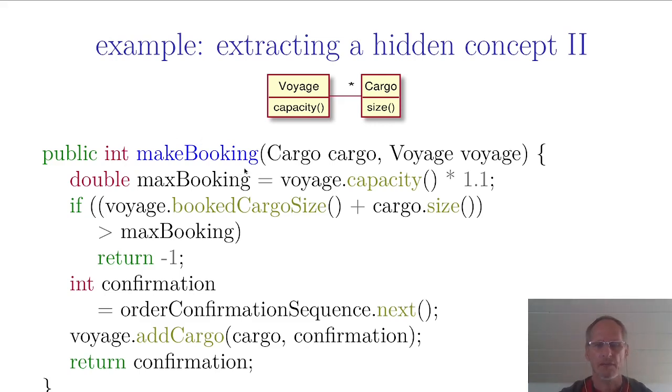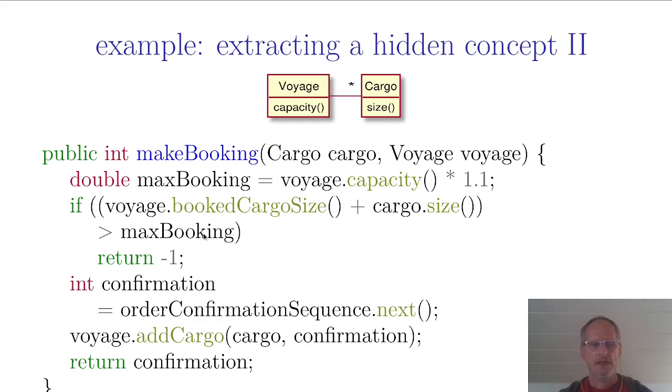So we have a function makeBooking here that takes a cargo and a voyage, and assume that on voyage we have a method capacity, and we assume that on cargo we have a size, and we determine the maximum that we want to allow for booking, taking capacity of the voyage and multiplying it by 1.1, and then we check whether the booked cargo size, what's already booked on the voyage, that of course is assumed to be another method available on this voyage, plus the cargo size, the size of the cargo that we are booking for this voyage.